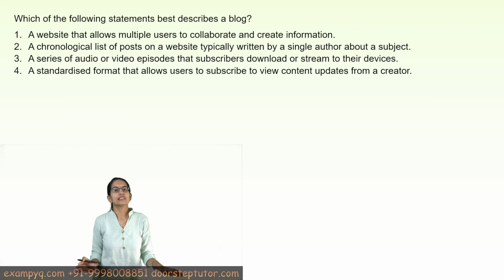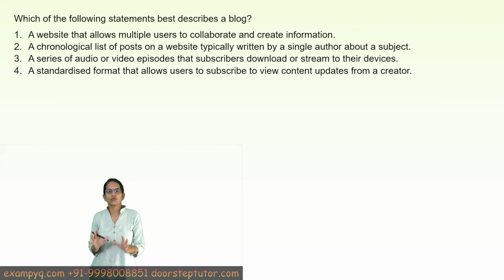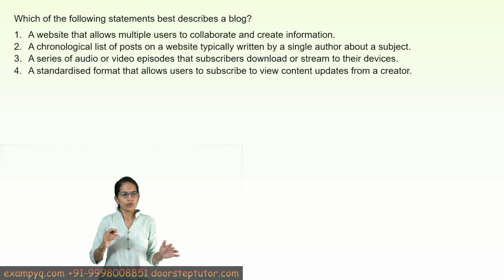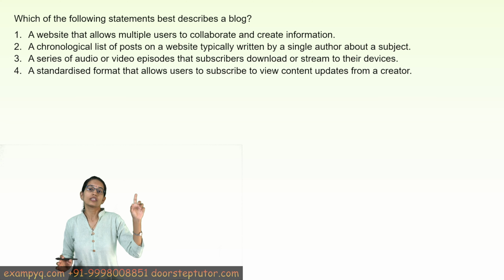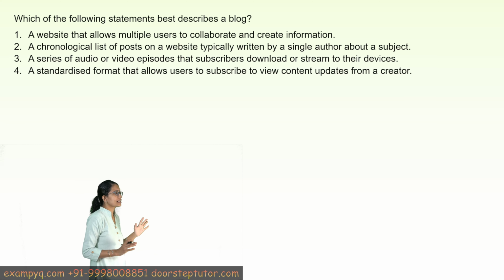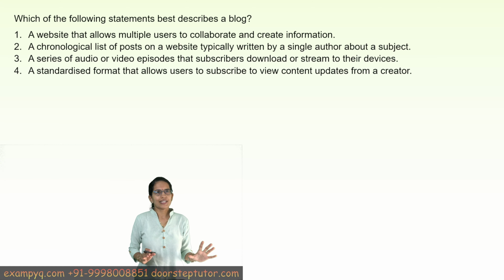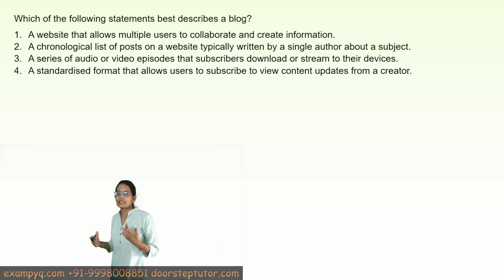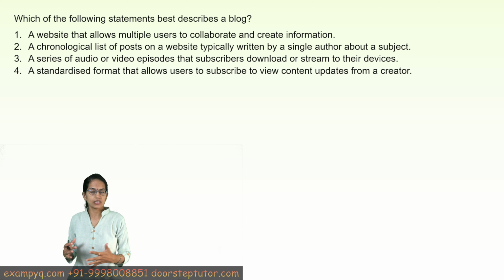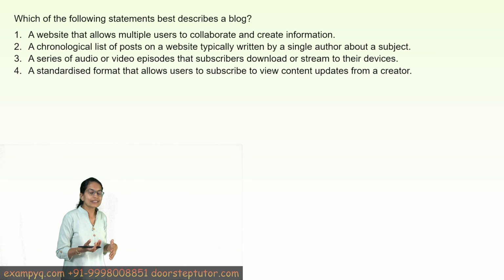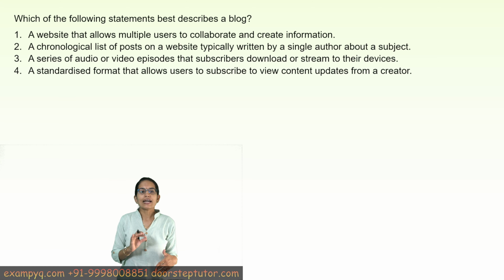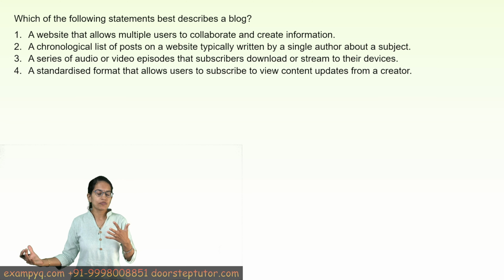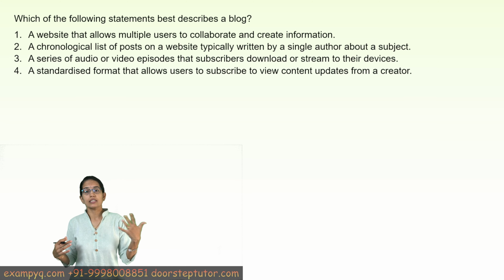The next question is blog. Now blog is what? It is a list of posts which is there on the website, and usually this is by a single author and specifically targeting a single subject. So for example, if I am highly interested in travel, I would write a blog which is related to travel. If I am highly interested in food, I'll write about different cuisines of the world, and that would be a blog explaining every cuisine in a different blog, right?